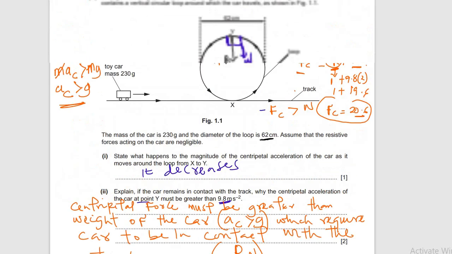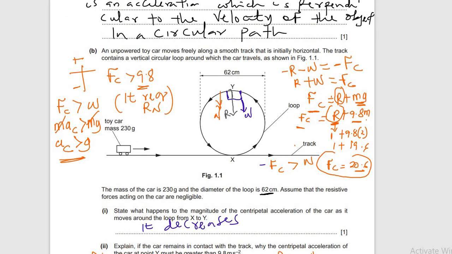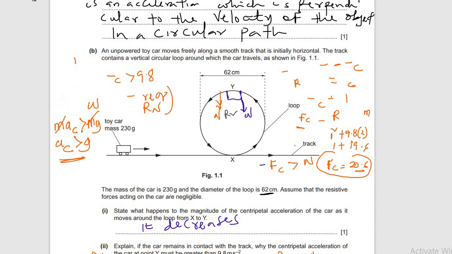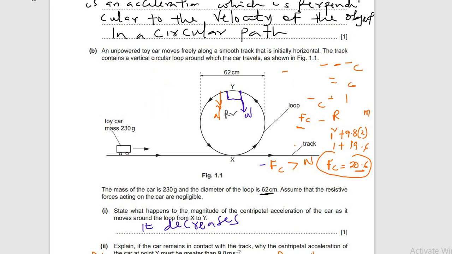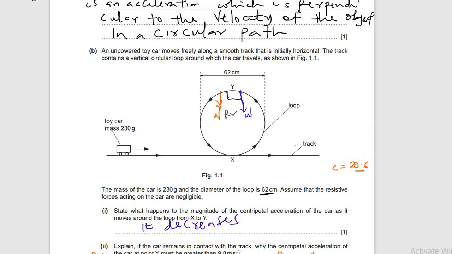Okay, let's go back to our diagram. So I need to clean this up again. I believe it's clear. Now, the initial speed of the car, according to the question, is 3.8, and the initial speed is at x.